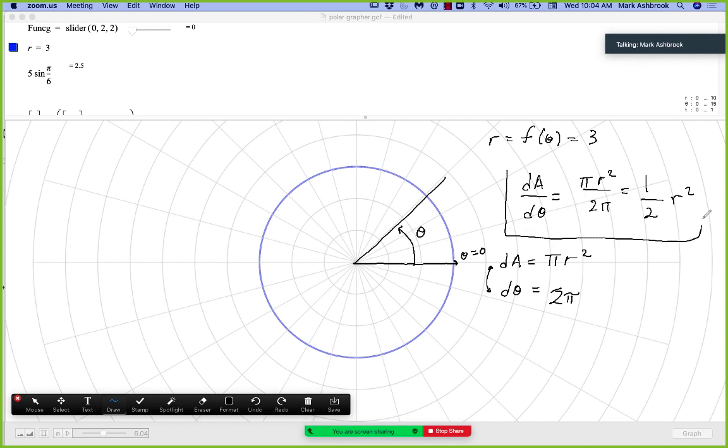So what about when r is not constant? What about when the function is some function of theta? Well, the same thing again applies. If we take small enough d thetas, we can assume that r is constant. So let me graph something like that.